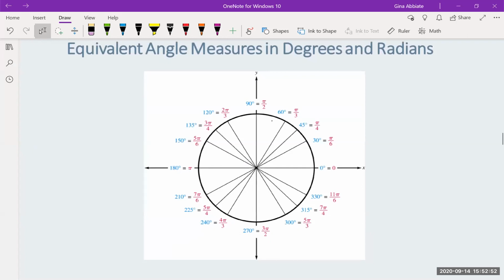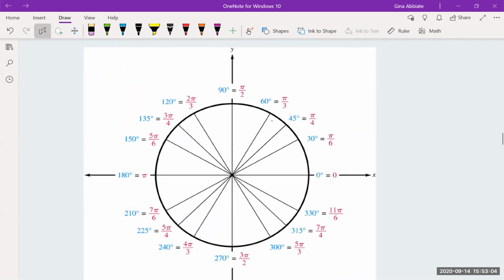There's a copy of the unit circle posted in Canvas that you can use to see these equivalencies. And there are simple calculations that you can do to go from radians to degrees. You're going to be substituting pi for 180, right?